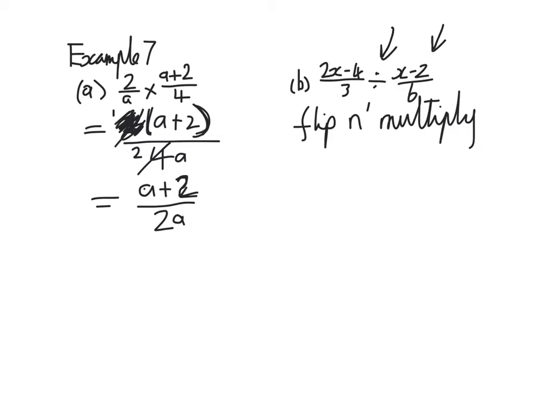I'm going to rewrite the problem as a multiplication problem. 2x minus 4 on 3 times, so there's my multiply, 6 on x minus 2. Now for this particular problem, I am going to simplify part of this problem at this point.